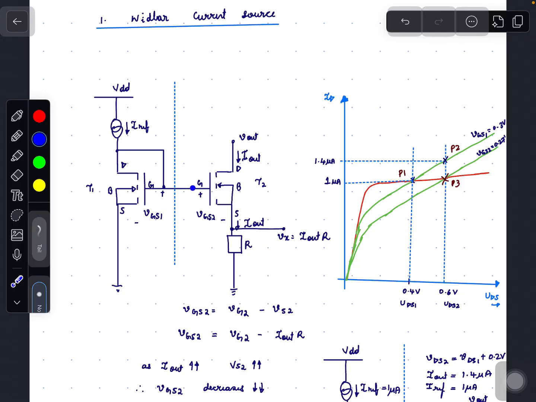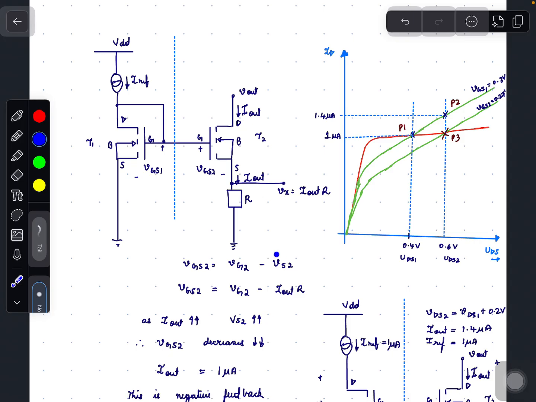So the gate of T2 is fixed, whereas the source of T2 depends on current I out flowing through resistor R. If current I out increases, then the source of T2 increases, and hence the gate to source voltage will reduce, because gate to source voltage is gate voltage minus source voltage. So when I out increases, gate to source voltage of T2 decreases.